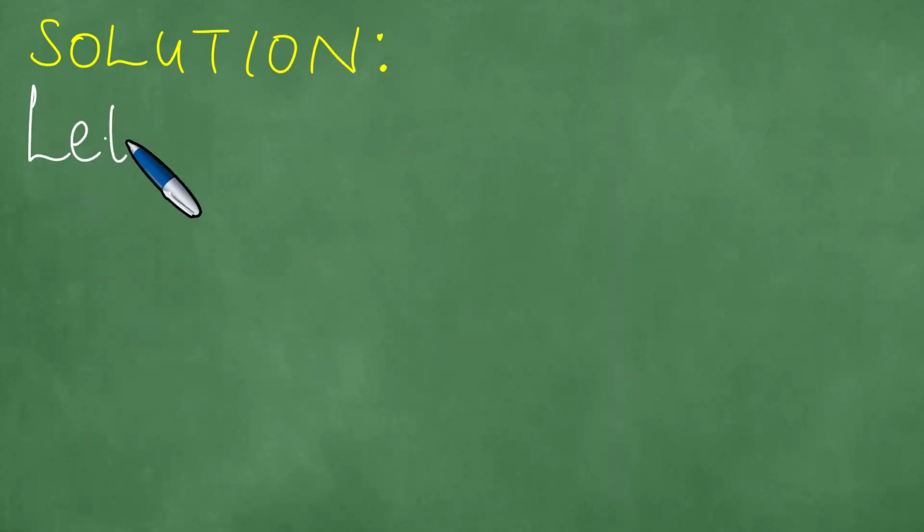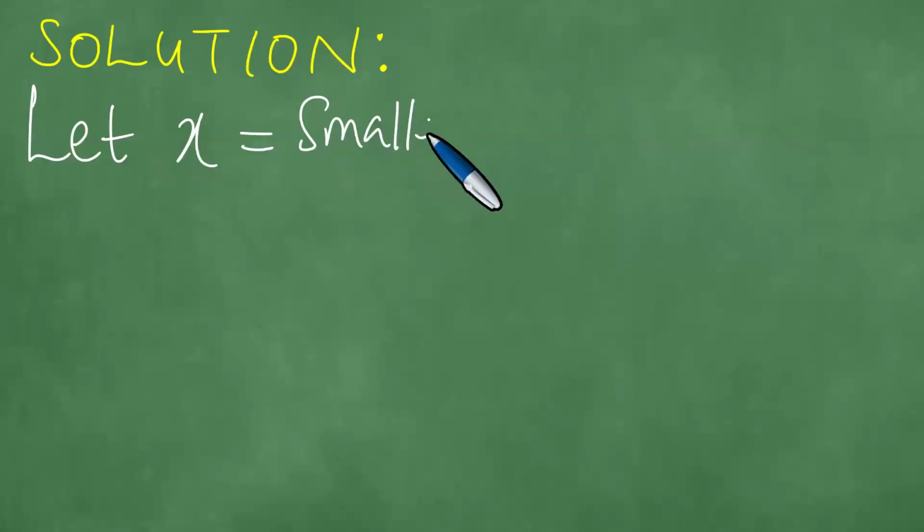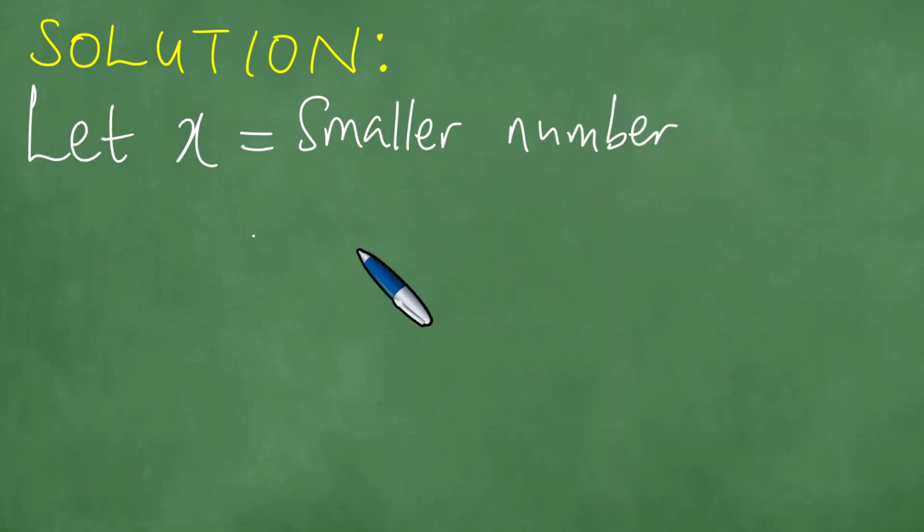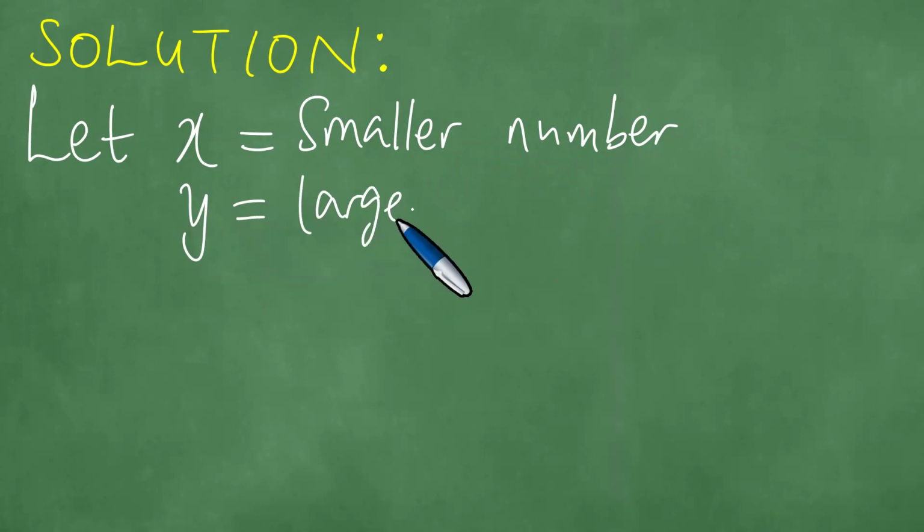So we let x be equal to the smaller number. y equals the larger number. And we are saying the difference is 9.